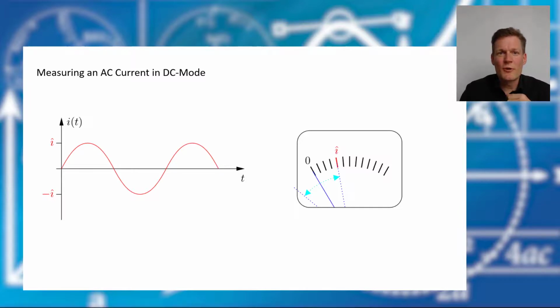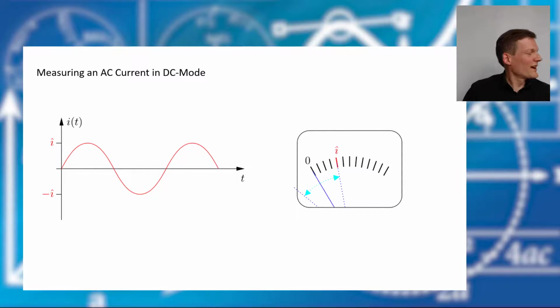If you think about our power net, there we have 50 Hertz. So the pointer wants to go to the maximum value and to the negative maximum value 50 times per second. And the pointer is too slow. It will just show the mean value of that, and this is 0.